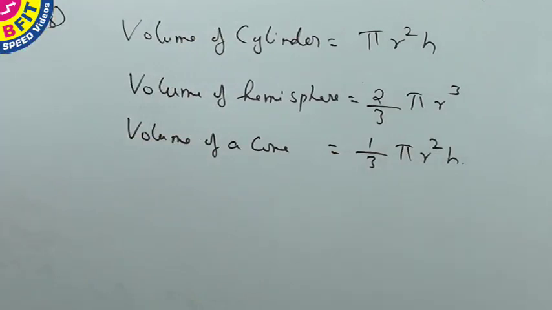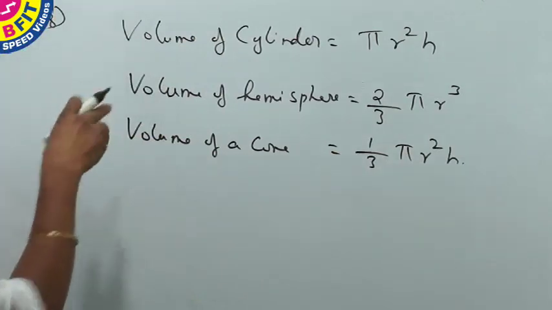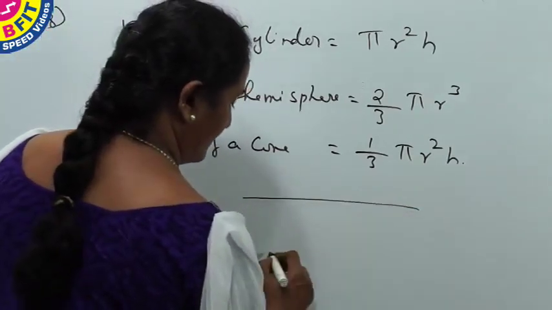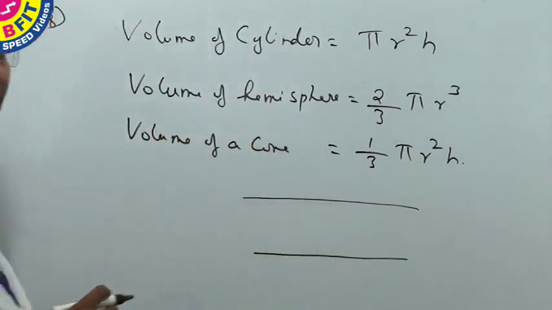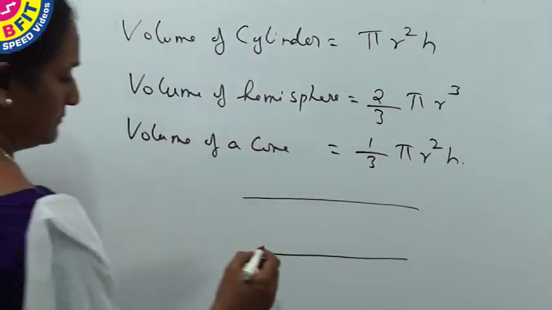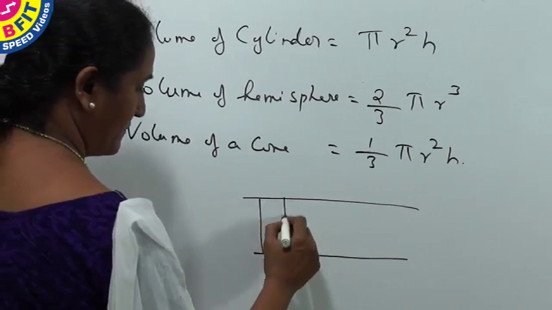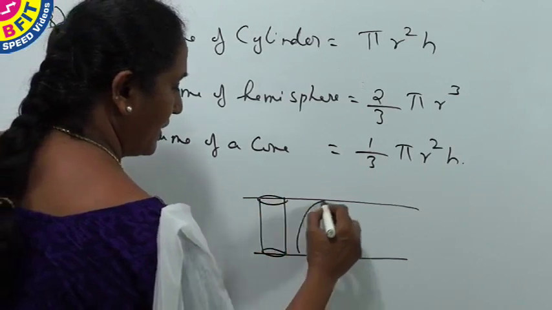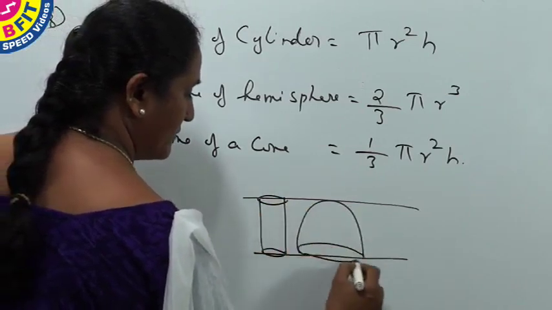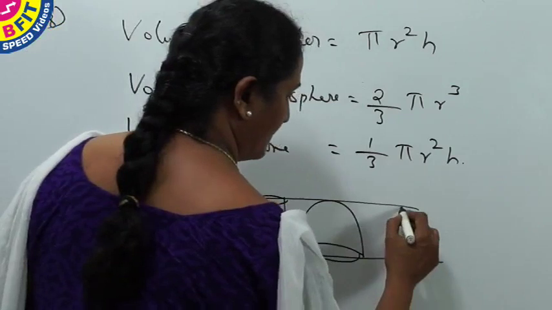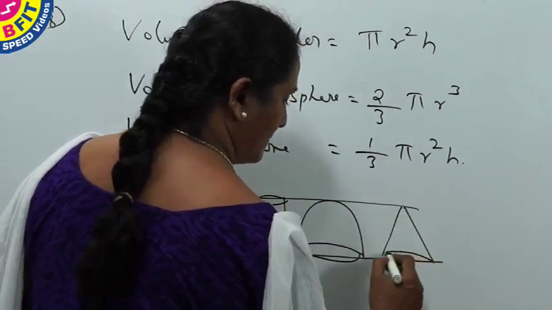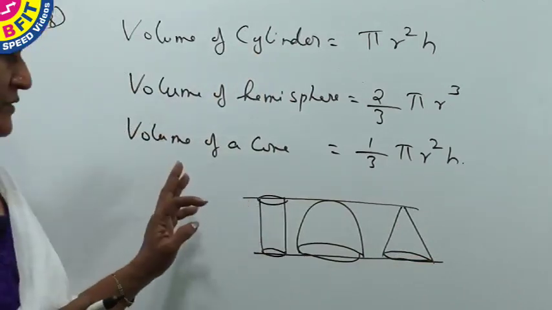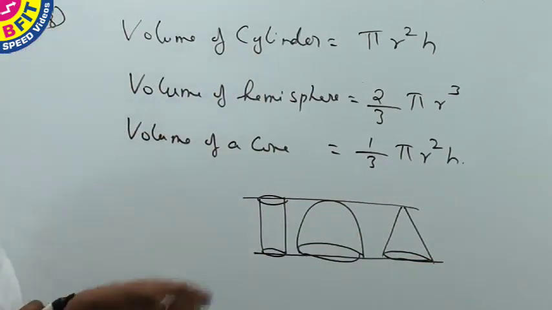So to find ratio of their volume, it is given that the cylinder, hemisphere and the cone stand on the same base and having same heights. So height of the cylinder, height of the hemisphere and height of the cone are all same.